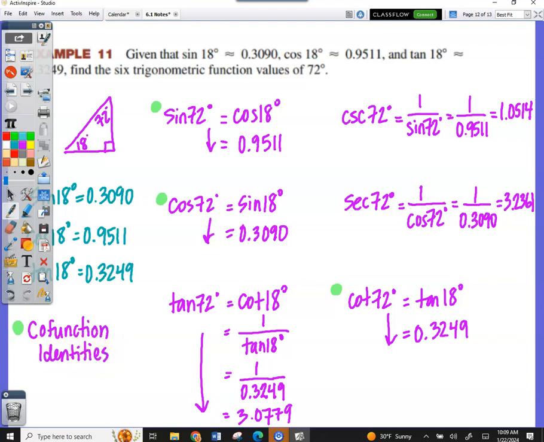The other 3 came from writing the reciprocal and then using the value we already found. We didn't have any actual co-function, like the tan of 72 did equal the cotan of 18, but then to come right here, I had to write cotan in terms of the reciprocal to get the answer. You'll notice the ones I highlighted in green were shorter, and that was because it was that co-function identity.